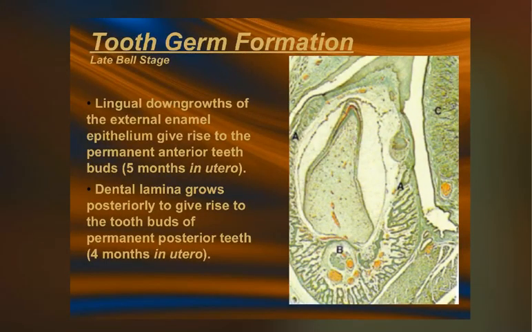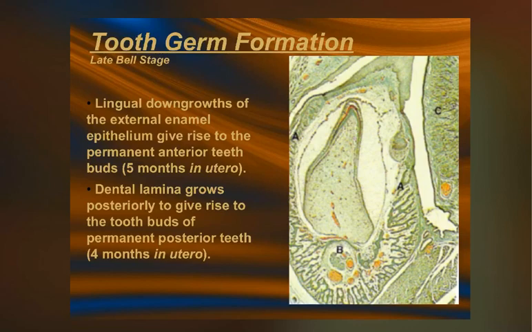Dental lamina grows posteriorly to give rise to tooth buds of permanent posterior teeth. The permanent molars, first molar, second molar, third molar, don't have primary predecessors, so they don't replace primary teeth.